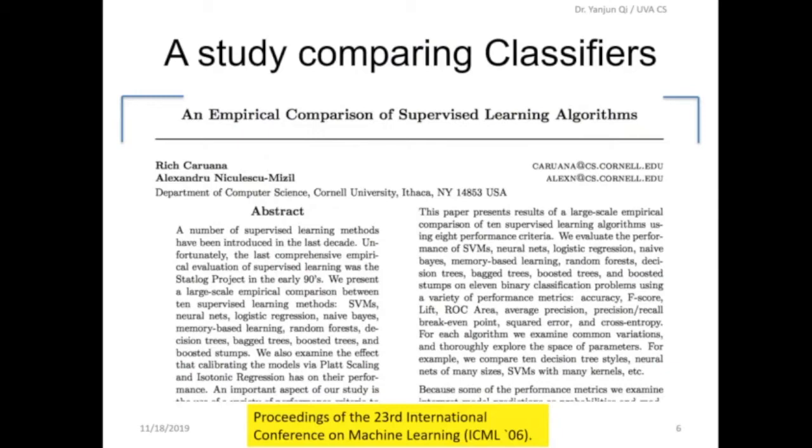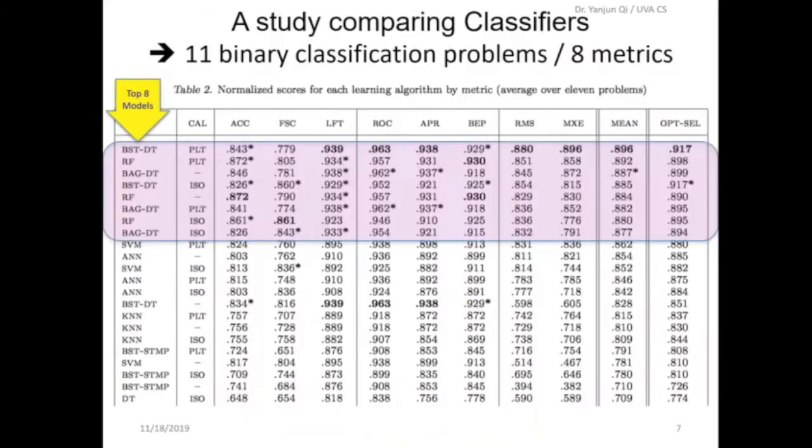So again, let's compare these tree-based models with others. This is an old benchmark paper from 2006, but it gives you a good idea about how different classifiers compare to each other on smaller or medium-scale data.